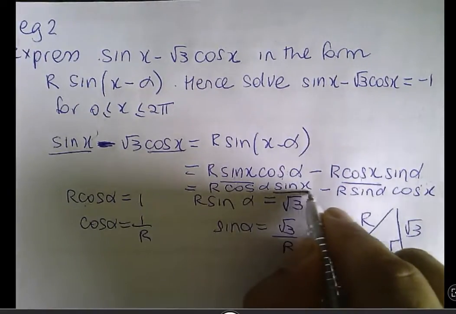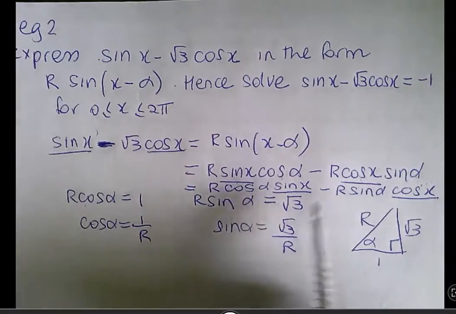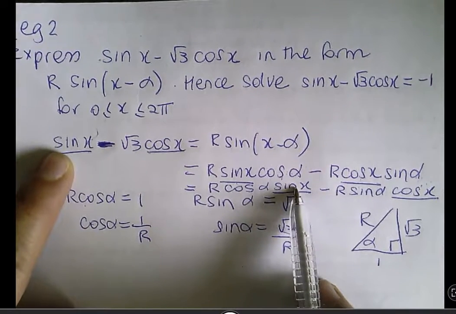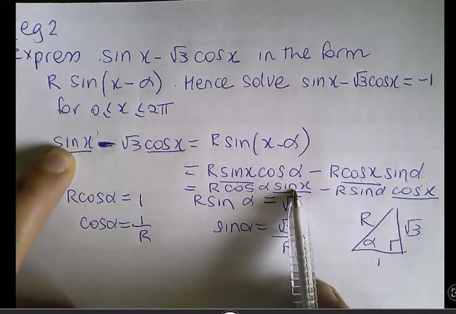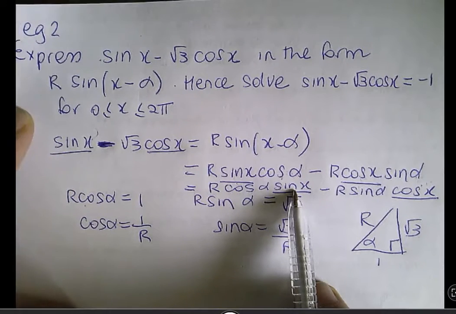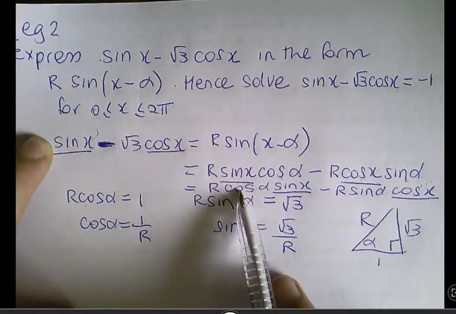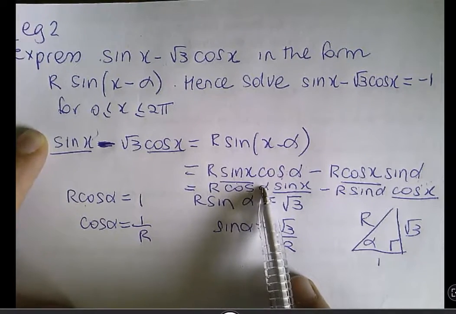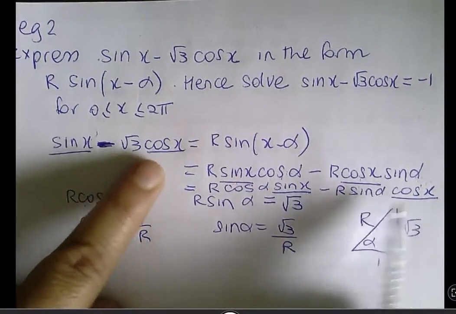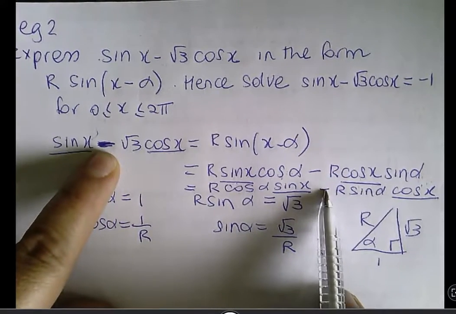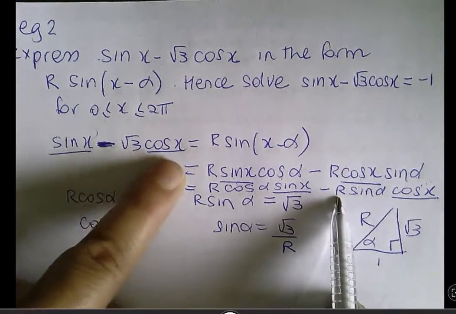Now, I'm going to underline the sine x and the cos x here. So, if I'm comparing the first terms on left and right-hand side, can you see that the sine x's are the same, and there's a 1 in front of this sine x, therefore r cos alpha is 1. If you look at this side, the minus is the same. You've got root 3 in front of cos x.